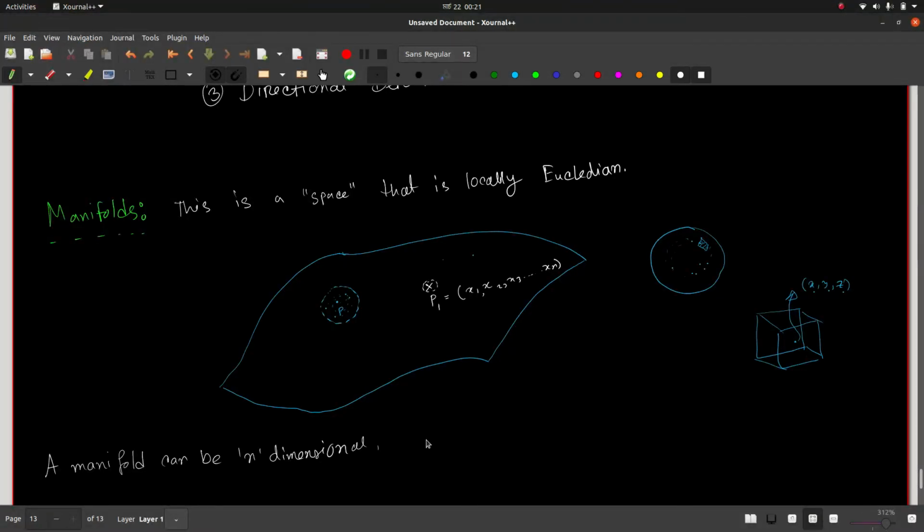So that is what the dimension means, and typically if it's n dimensional and all the entries are real, then it is written as R to the power n. This is what an n dimensional manifold would look like. So this is the informal definition of a manifold.